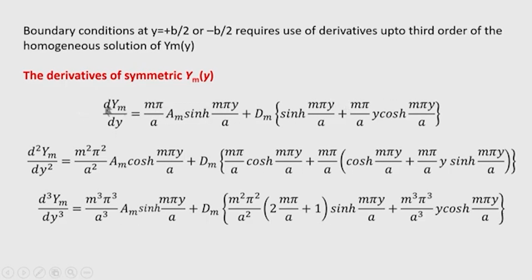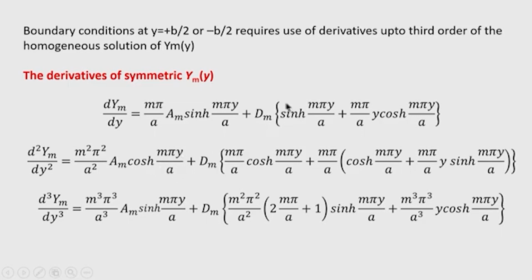Then differentiating this quantity again, from sin hyperbolic m pi y, the m pi by a will come out. So, it will be the square term, m square pi square by a square, then a m, and sin hyperbolic will be converted to cos hyperbolic due to differentiation, so cos hyperbolic m pi y by a.